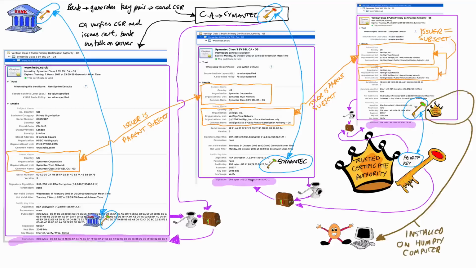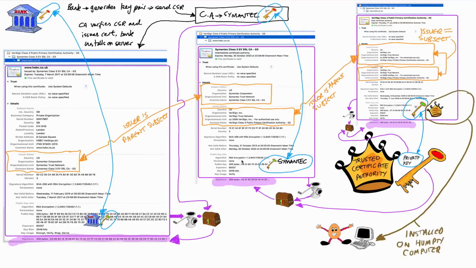Take the signature, decrypt it with the public key of the root certificate, this one over here. And then, once again, hash everything that is not the signature, using the algorithm that it says here, SHA-256 with RSA. And then, literally, compare the two.